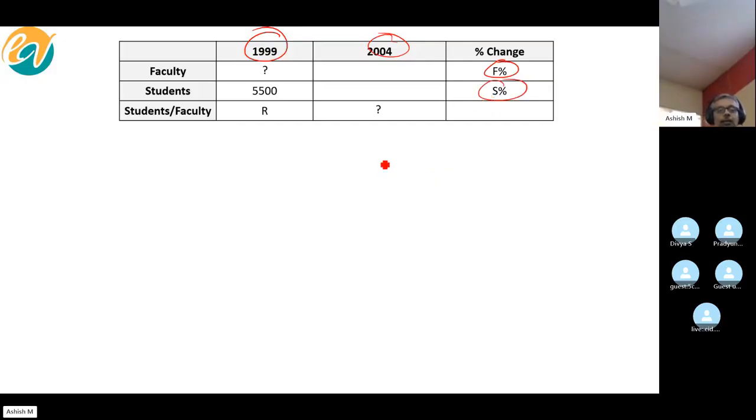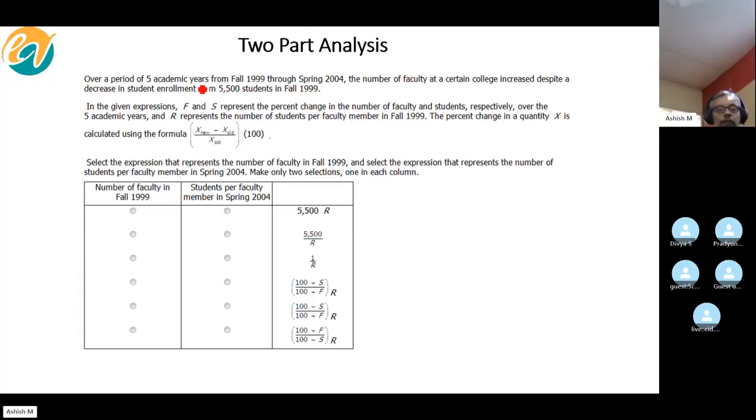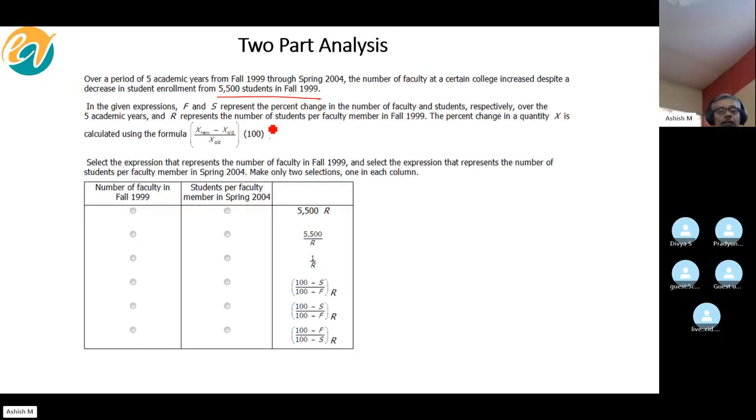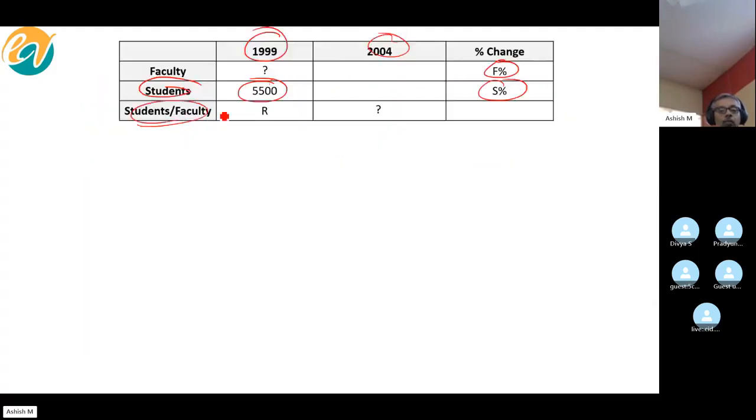We are given that there were 5,500 students in fall 1999. And what are we also given? R represents the number of students per faculty in 1999. And the two columns are basically this, and this is what we have to find out.